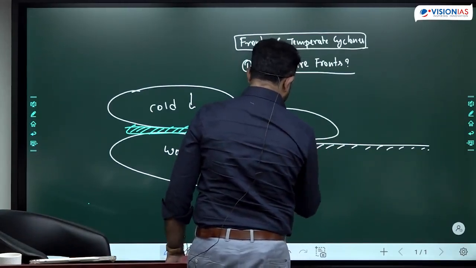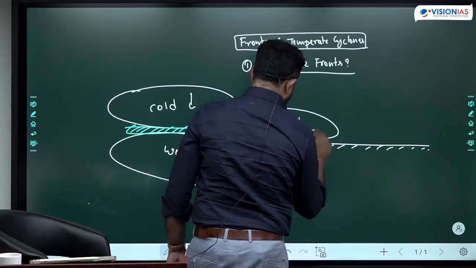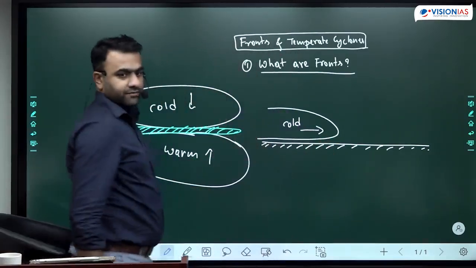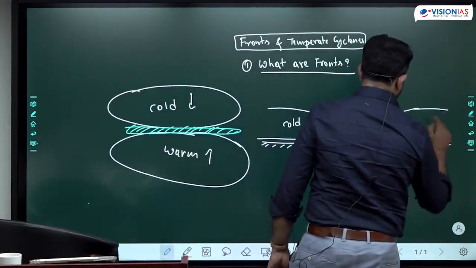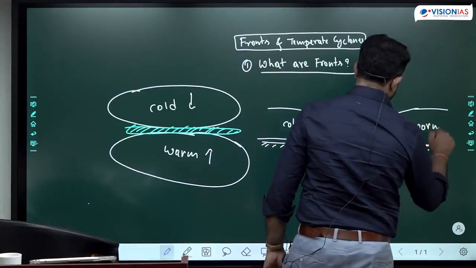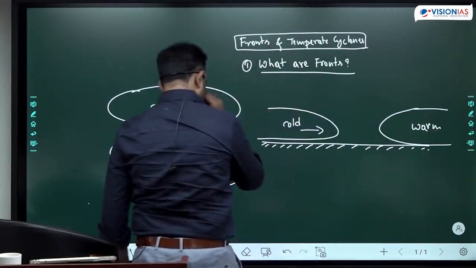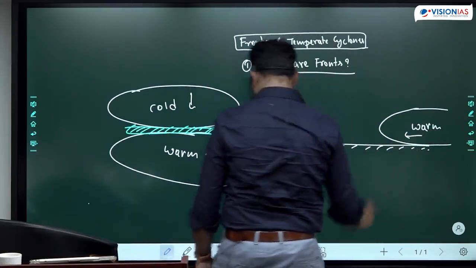Imagine this is a cold air mass moving in this direction. We're taking the side view. Okay. This is a warm air mass. This is moving in this direction.